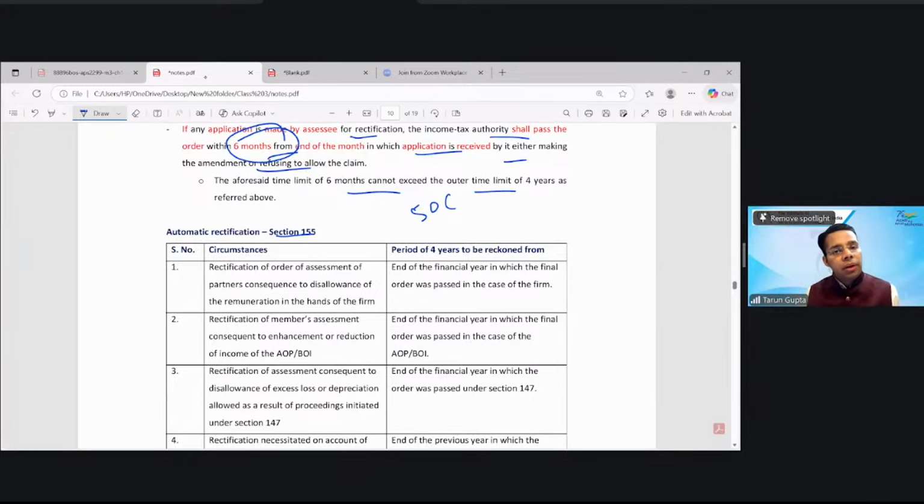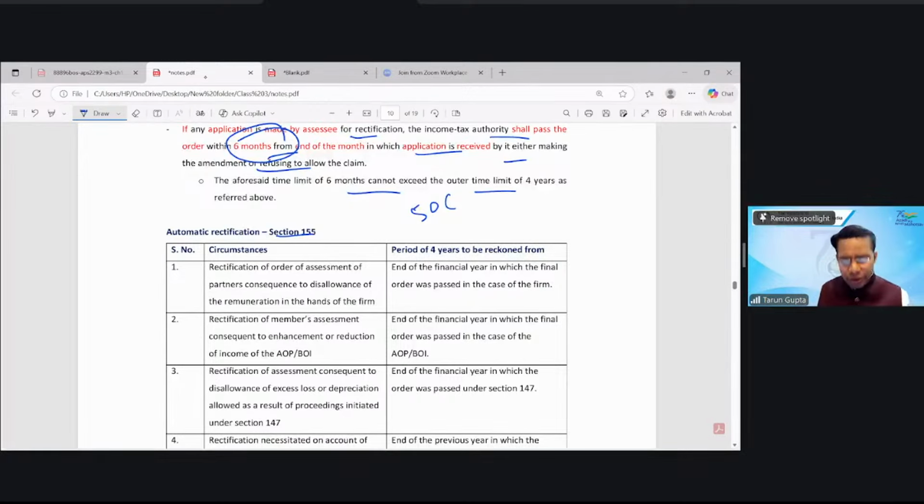But how will it claim the refund? The period of 4 years has already elapsed. This mistake has come only after the lapse of 4 years, and the assessee is not at fault. So law allows the automatic rectification in this case. In a way, it allows the extension of the 4-year period in these cases. All these cases are very logical.